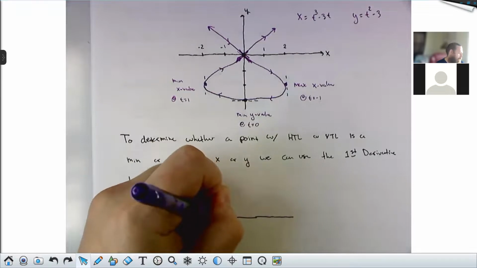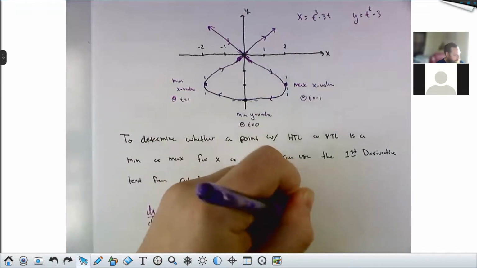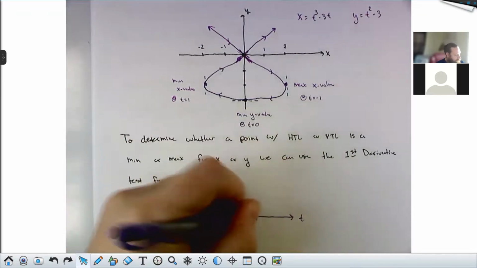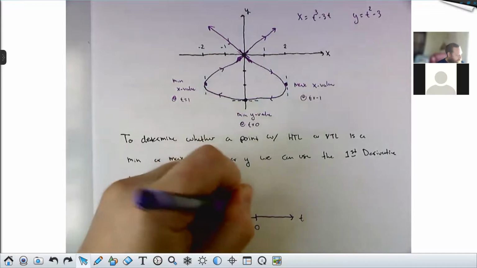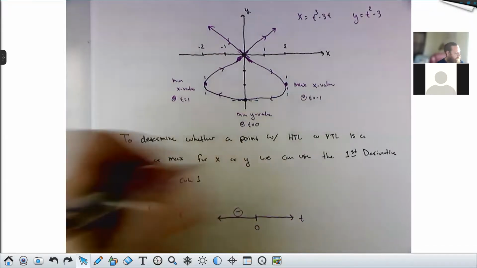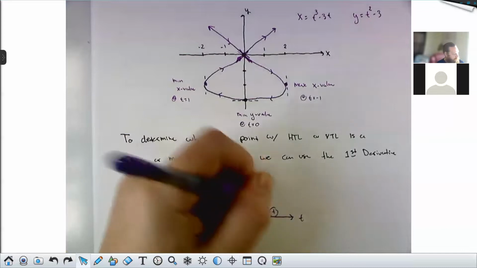So if you make a little number line here, where these are t values, and you plot the critical number t equals 0 for dy/dt, to the left of 0, dy/dt is negative, and to the right of 0, dy/dt is positive.